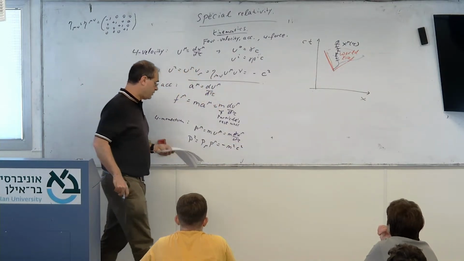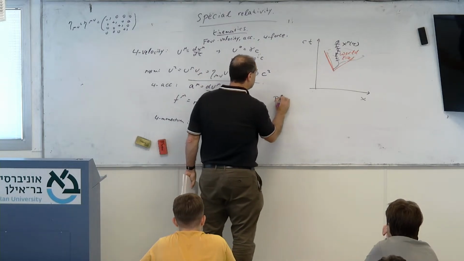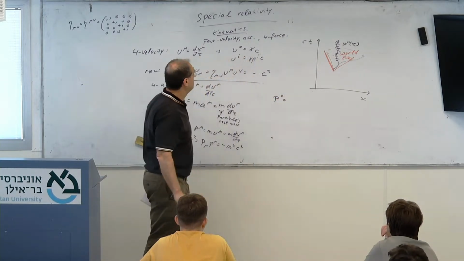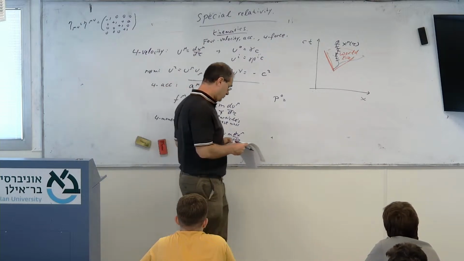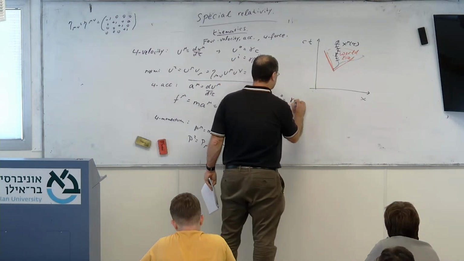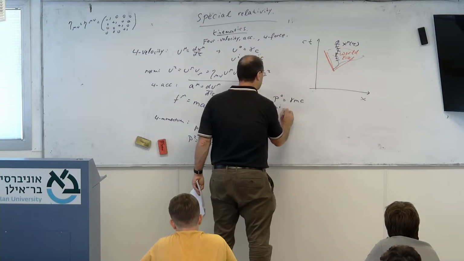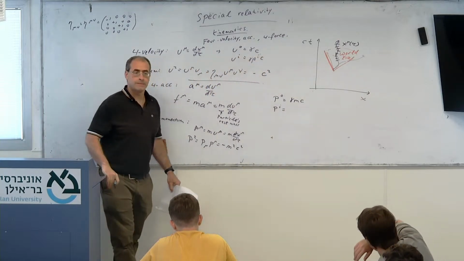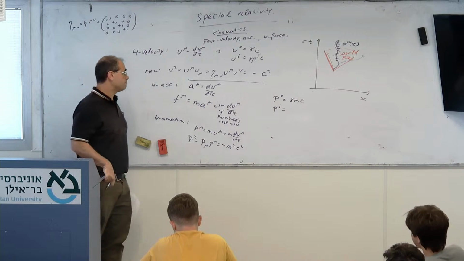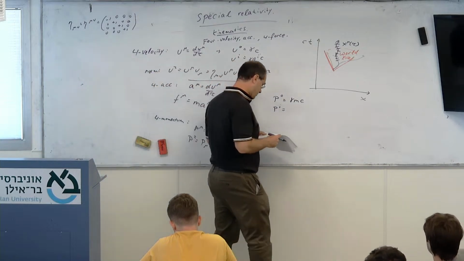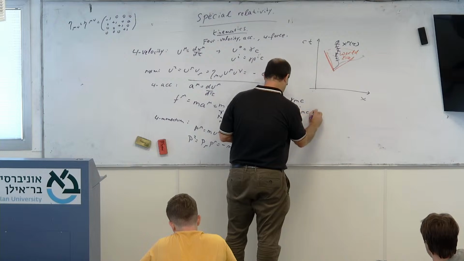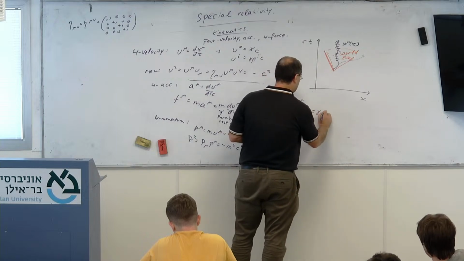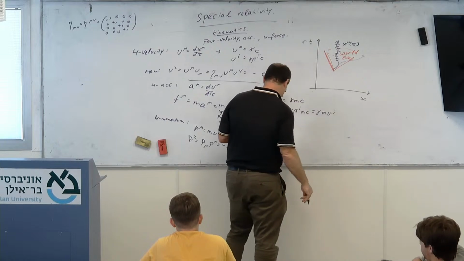And what is P0? Gamma m c. And Pi? Gamma beta i m c, which is gamma m v i.